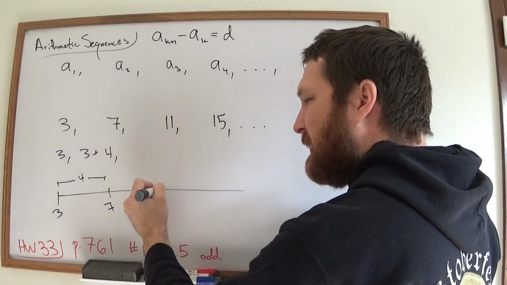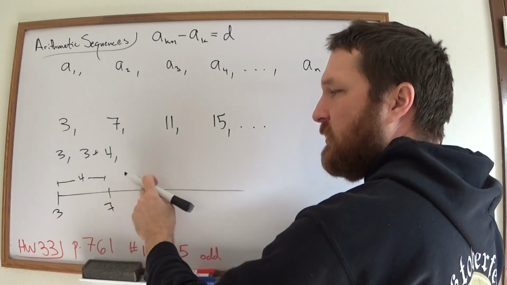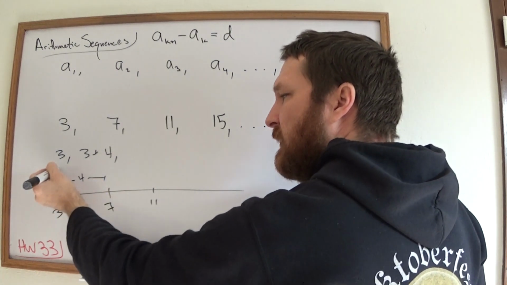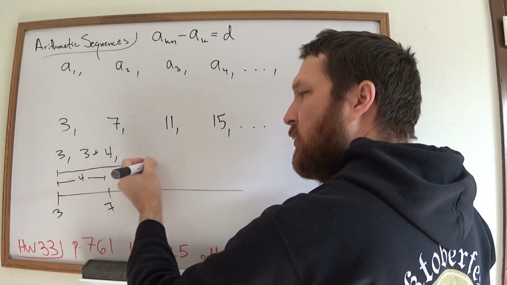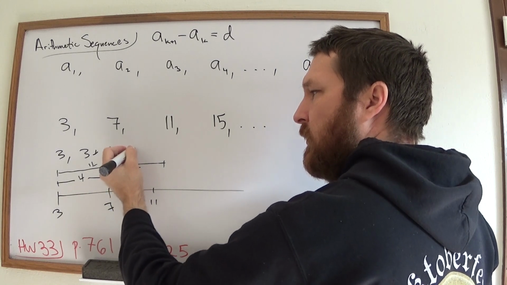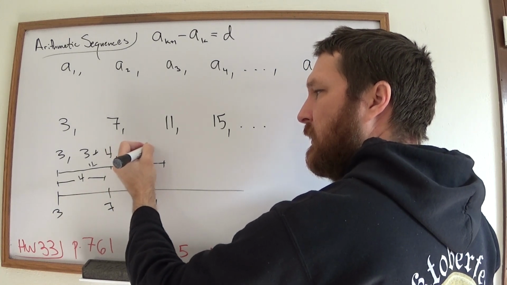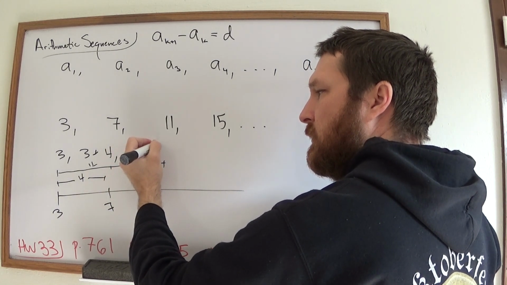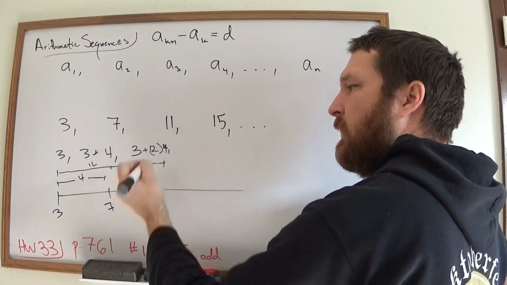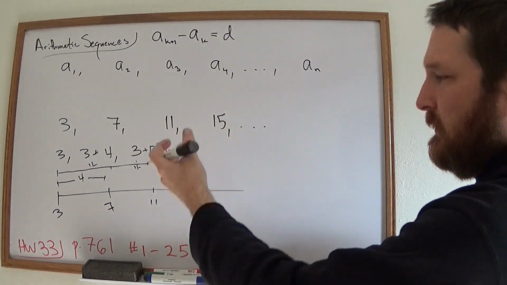Then to get to the next one, you just add 4 to the previous one. Or we could say, to get to 11, if you start there and you go 2 of that same distance, so 4 and 4, you could get there by going 3 plus 2 times 4. That's how you get there. 3 plus 2 times 4 is 3 plus 8, which is 11.